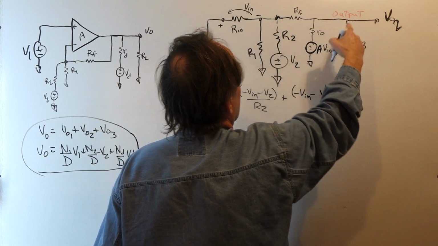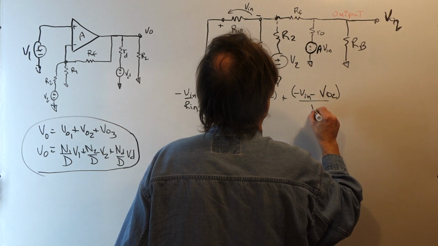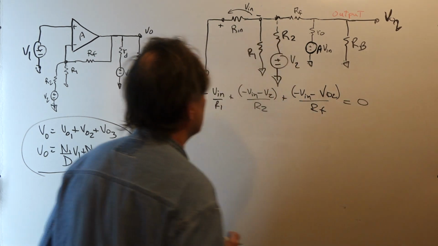That is minus Vn minus VO2 divided by RF, and that's equal to 0.